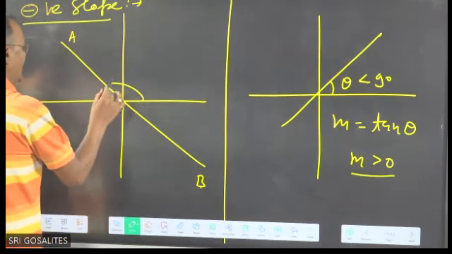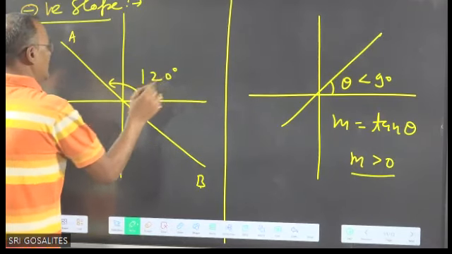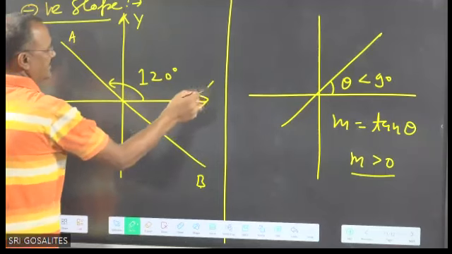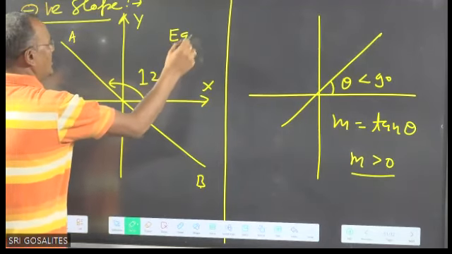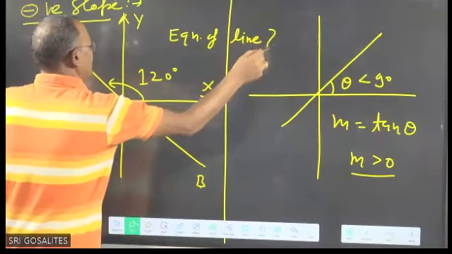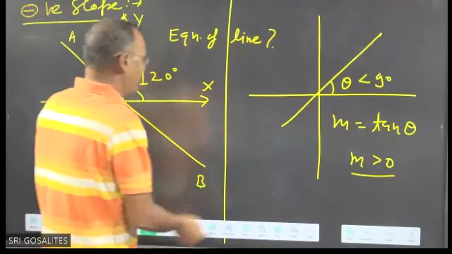Now, suppose some line is like this and it's making an angle of 120 degrees. Then write the equation of this line. Solve it, please.